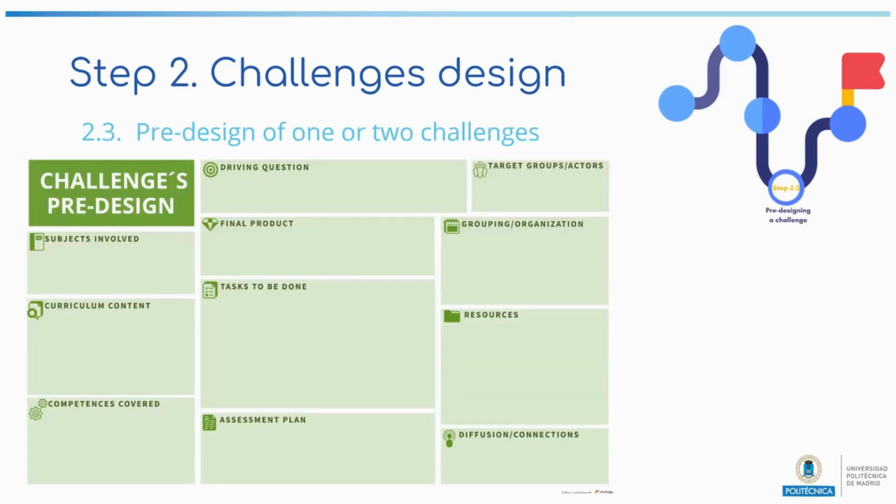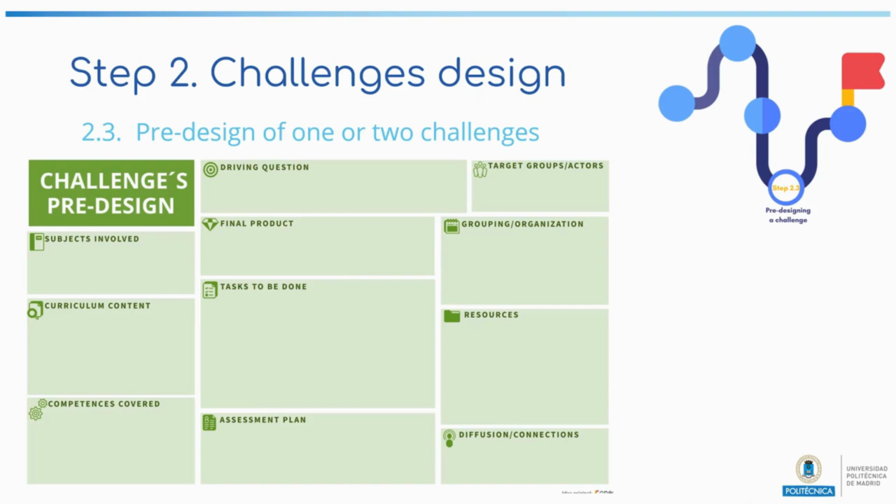Teachers will now define the basic elements for the top 2 challenges based on the previous table, following the scheme. For the challenge, it can be helpful to formulate it as a driving question, target groups and other actors, subjects involved, final product or products, pupils, grouping and organization, curriculum content covered.